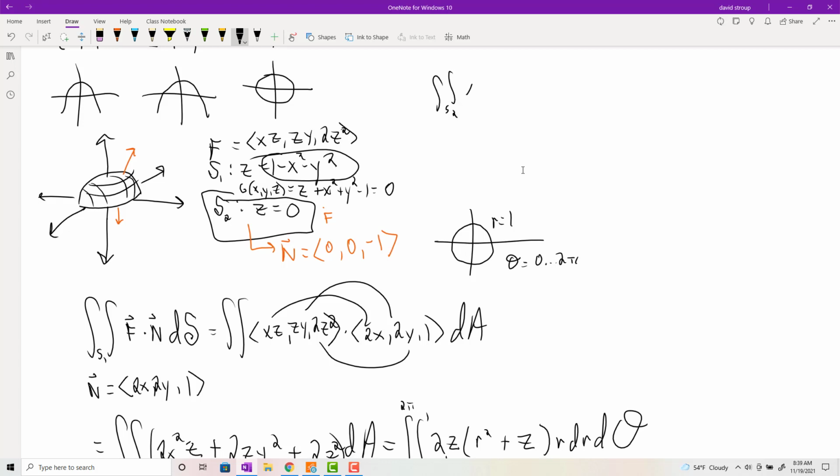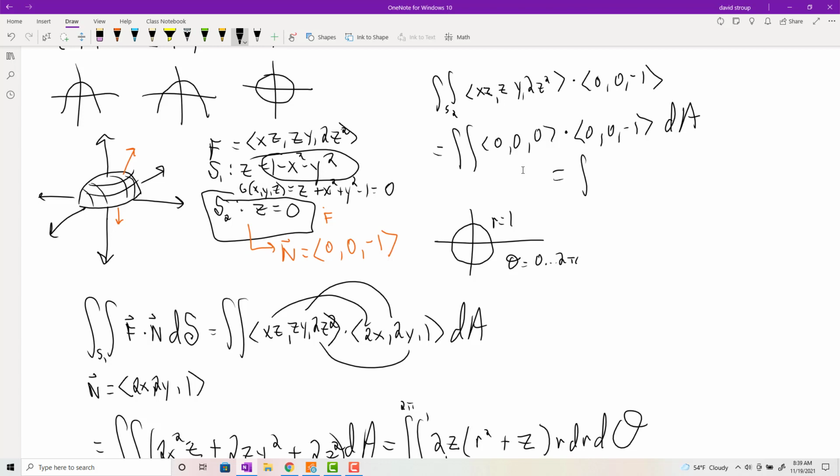Okay, so we'll have our force field again, xz, zy, 2z squared, dotted with 0, 0, -1. And it becomes easy because z is 0, right? So the force field vector is just 0, 0, 0, and then dotted with 0, 0, -1, dA, and then that will just be the double integral of 0 dA, which is going to be equal to 0.